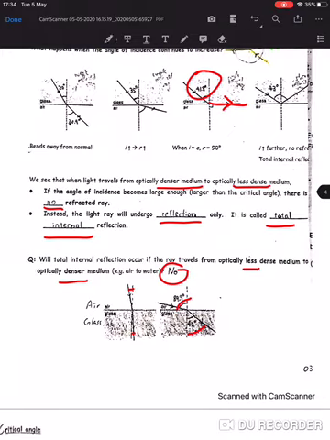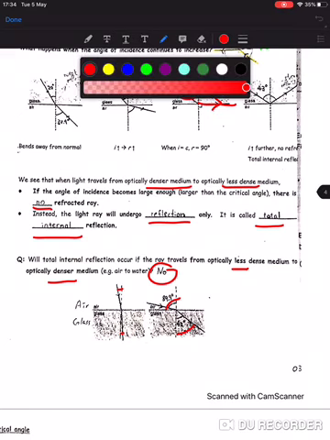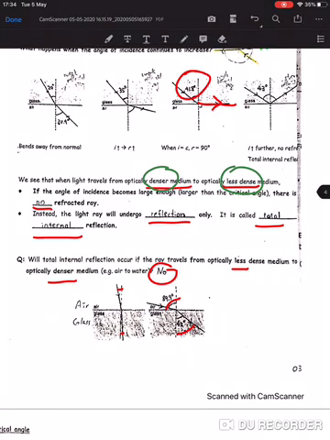Please make sure you understand that we are always starting from the denser material to the less dense material. So that is the property you have to remember.